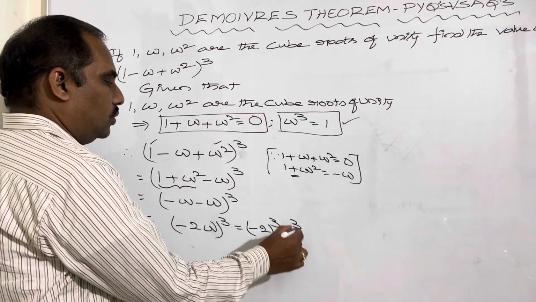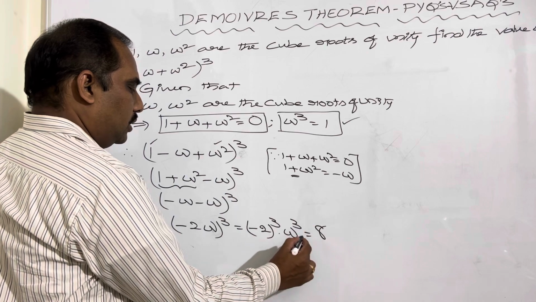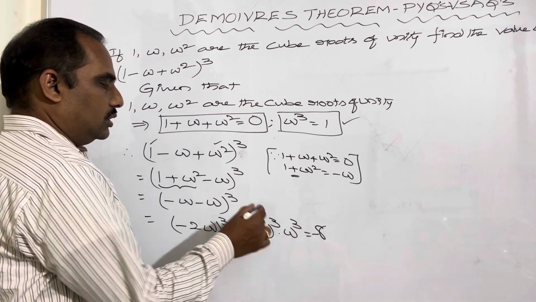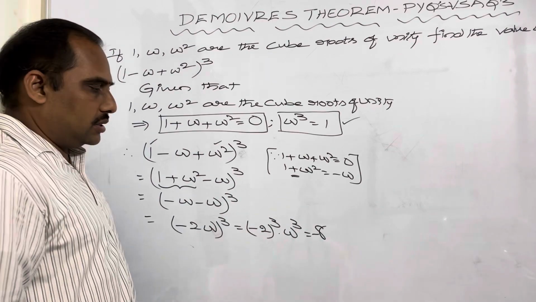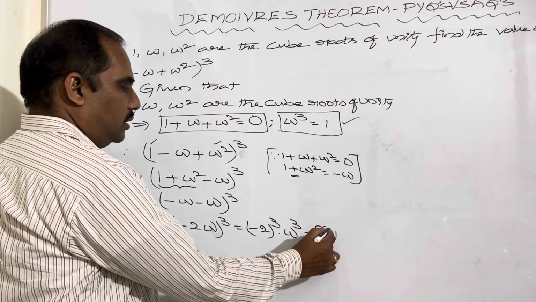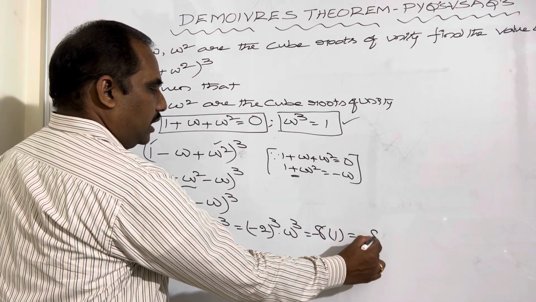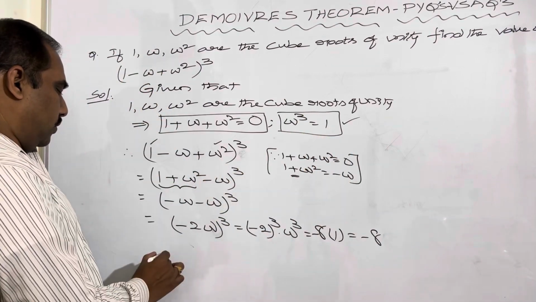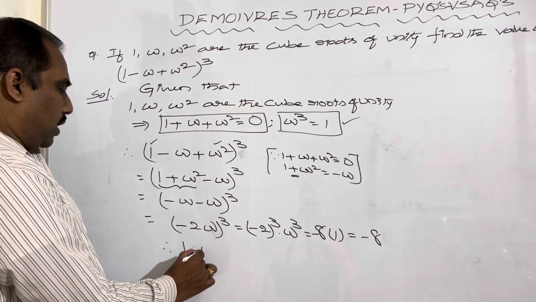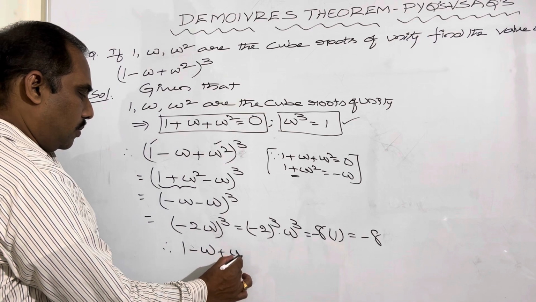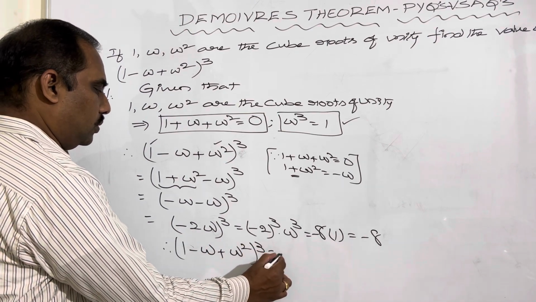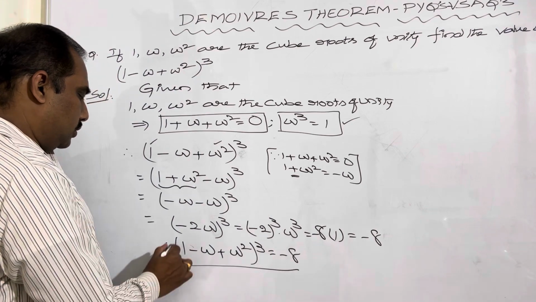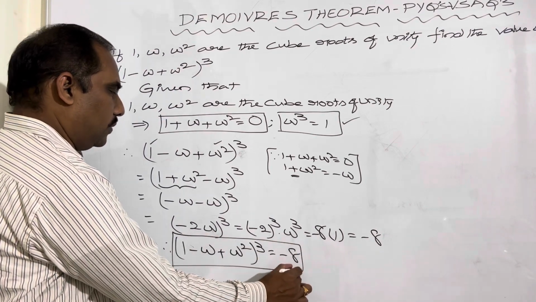So (minus 2) whole cube is minus 8, an odd power, and omega cube is 1. So finally we get minus 8. Therefore the value of (1 minus omega plus omega square) whole cube is equal to minus 8. So like this we can find the solution.